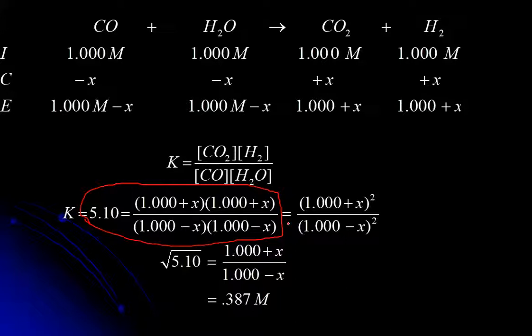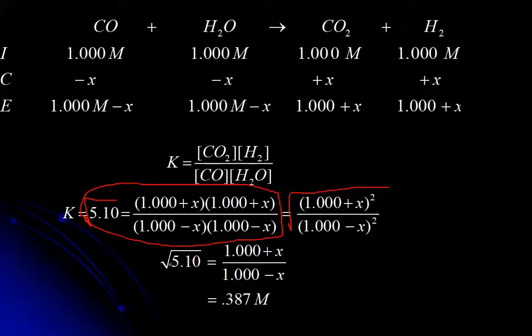So if I take the square root of both sides of this equation, which is basically what I'm doing here. Now in this step, they've already taken the square root of these squared terms, which gave us the 1 plus x and the 1 minus x. They have yet to calculate what the square root of 5.0 is. You can do that in your calculator.